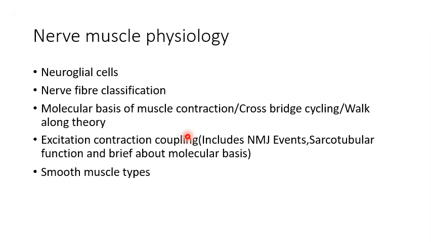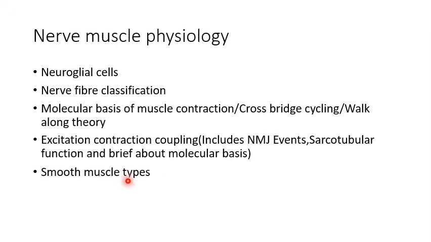And excitation contraction coupling is a broad topic. Here it includes the transmission from the neuromuscular junction, how it enters the sarcolemma, how it enters the T tubule, how the calcium is released from the sarcoplasmic reticulum, and how that calcium is involved in the cross bridge formation. So cross bridge formation requires two substances: one is the ATP, the other one is the calcium.